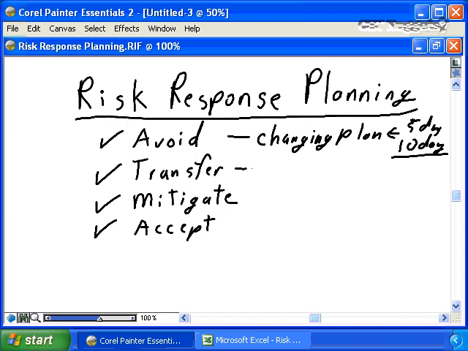Transference. Effectively making the risk someone else's problem. Now, this is not as bad as it sounds. The most common form of risk transference is buying insurance.